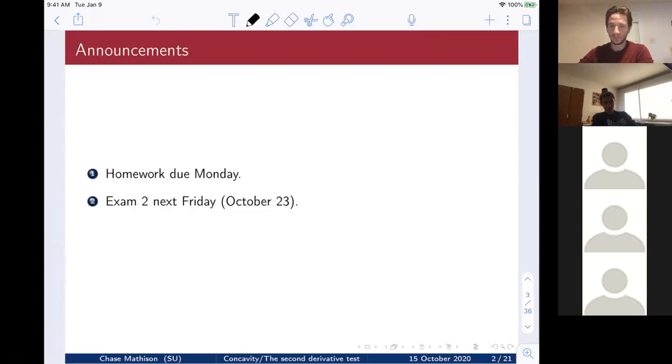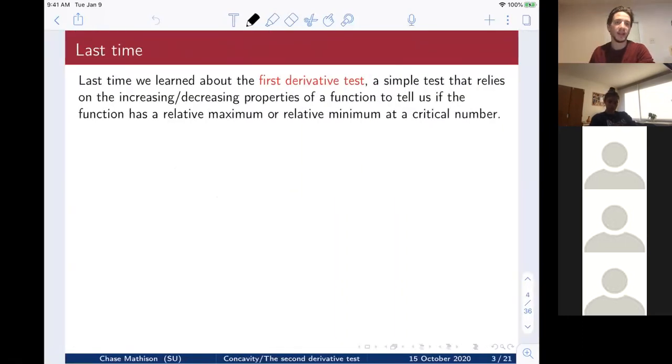All right. Well then, let's talk about what we learned last time. Last time we learned about the first derivative test, which is a test you can use to determine if a function has a relative maximum or relative minimum at a critical number. It relies entirely on the properties of increasing or decreasing for a function.